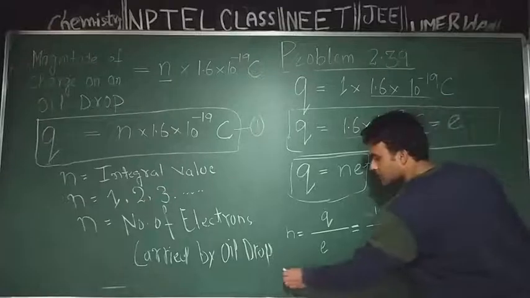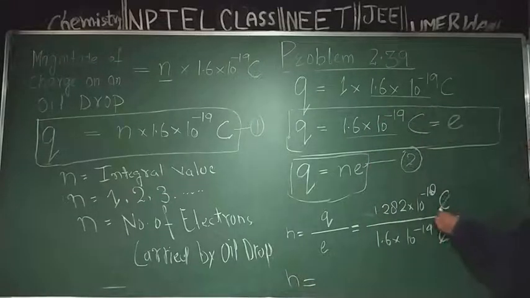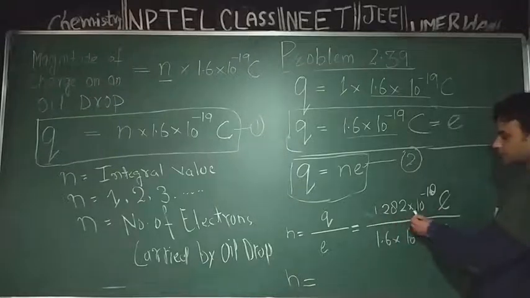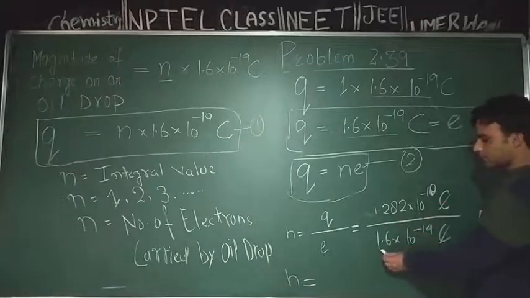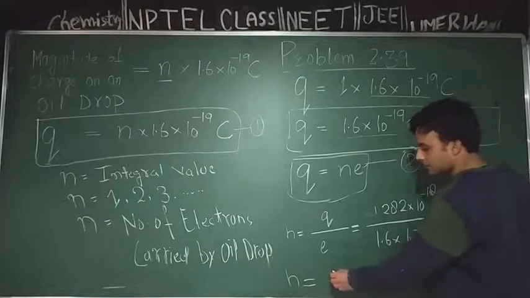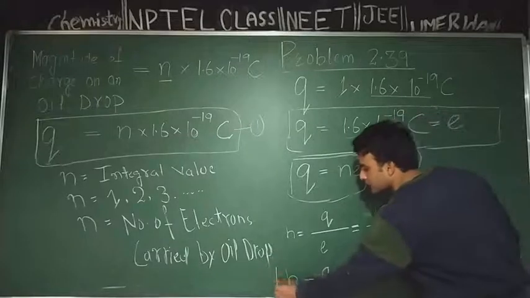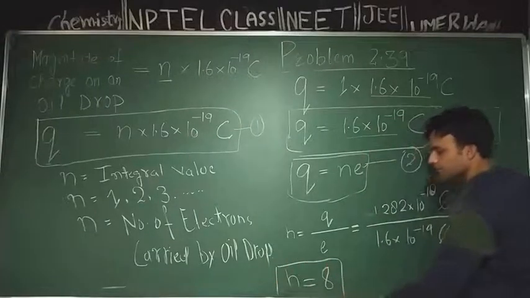N will be equal to that divided by this, and coulomb will get cancelled. I have to divide 1.282 into 10 raised to power minus 18 by 1.6 into 10 raised to power minus 19. On solving, I will get the number of electrons equal to 8.